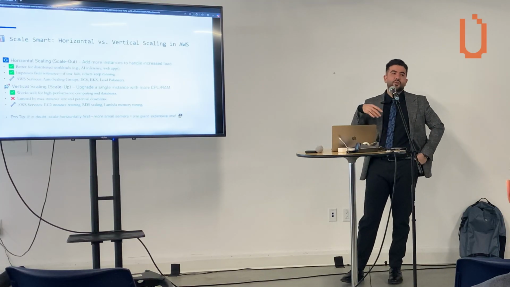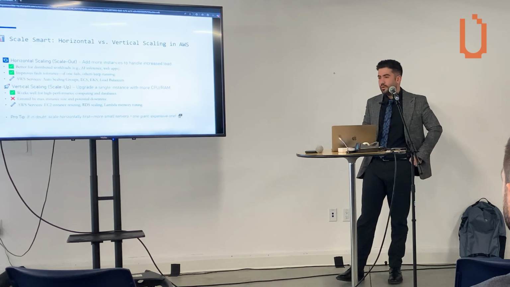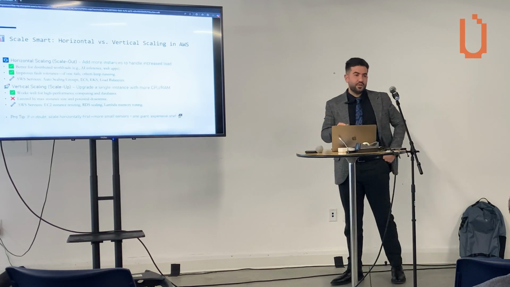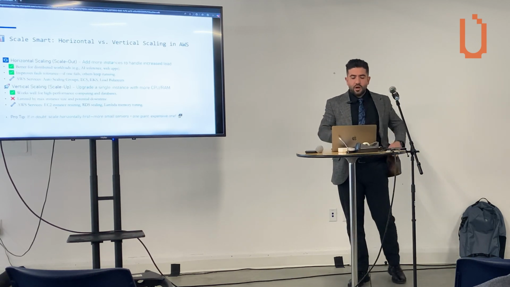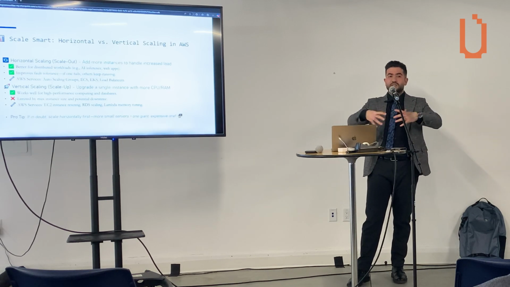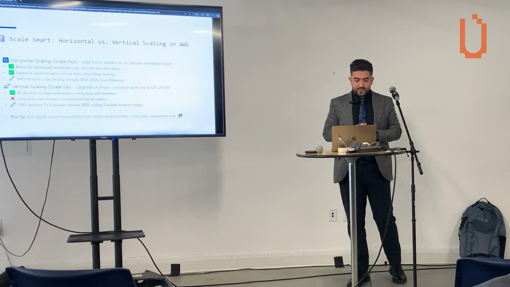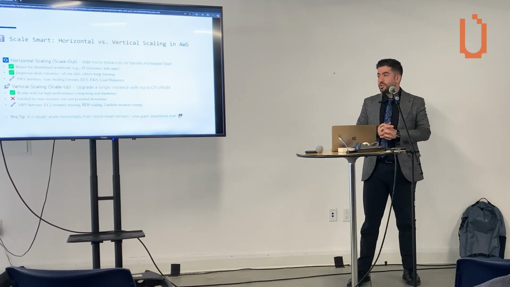If your application is slow, you add more memory or more of whatever resource you need, might be processor or memory. It works well with high performance computing and databases, because a database needs the resources it needs. But it is limited by the max instance size and potential downtime.